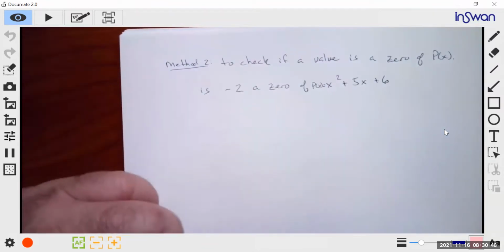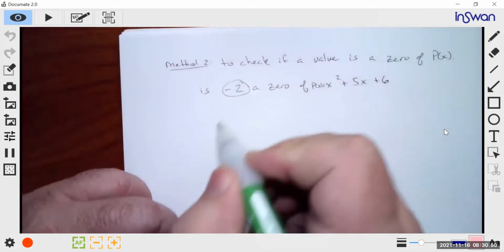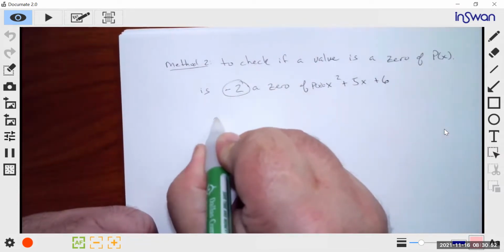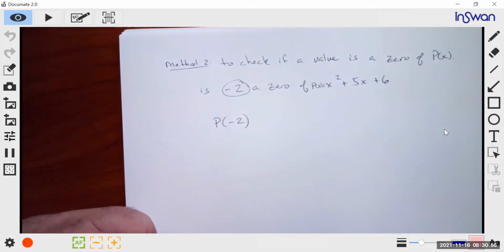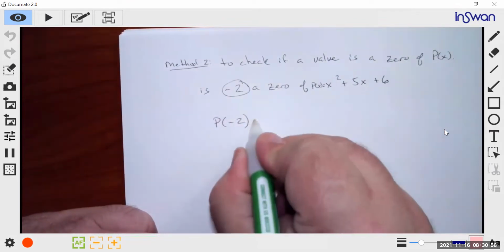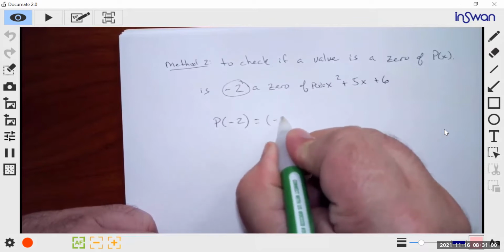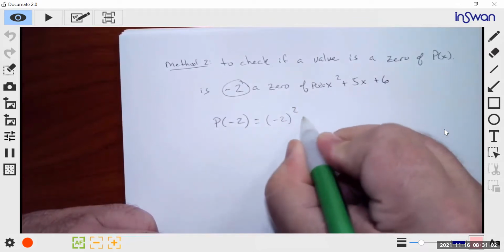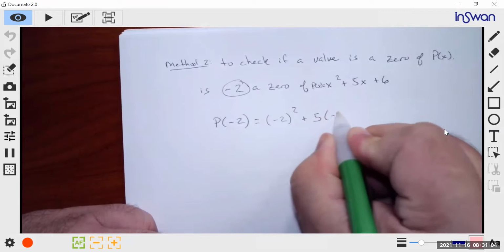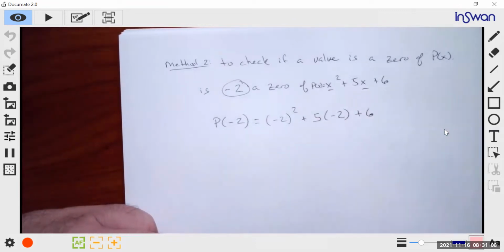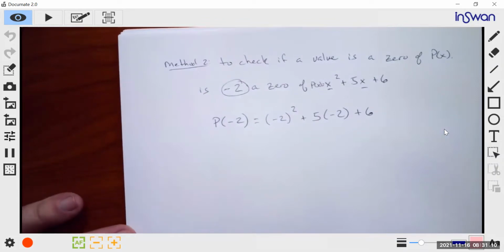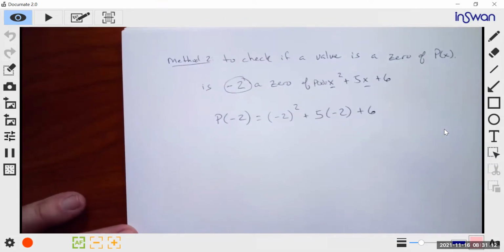This is method number 2. If this is a 0, plug it in the equation. Negative 2 squared plus 5 times negative 2 plus 6. Anywhere I see an x, I put a negative 2 in there.